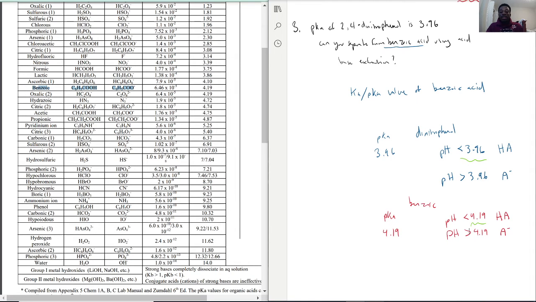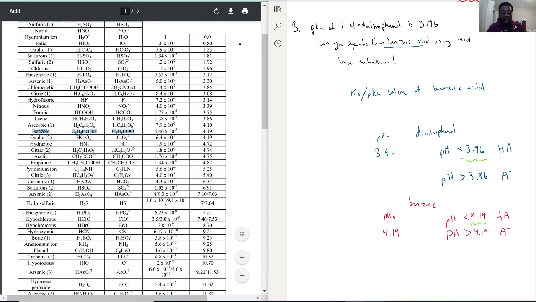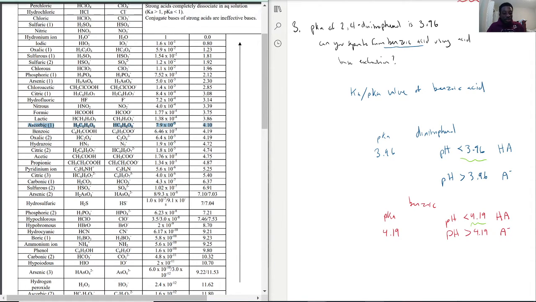The answer is yes. Anything is possible as long as the numbers aren't the same. But will this be easy to do? No. In fact, if you look at the sheet here, in terms of the different Ka's, we don't have many things. In fact, we have one that sits between benzoic acid and 2,4-dinitrophenol, and that's sorbic acid.